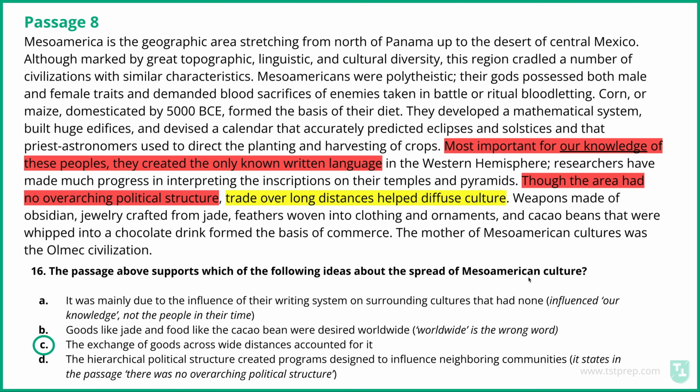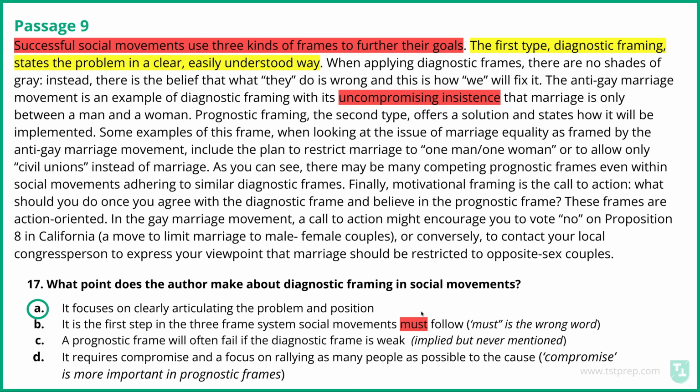16, the passage above supports which of the following ideas about the spread of Mesoamerican culture? C is the best answer. The exchange of goods across wide distances accounted for it. And B is another good example. If you just change one word, like worldwide. No, it wasn't worldwide. It was just in South America. So that's 16. 17, what point does the author make about diagnostic framing in social movements?